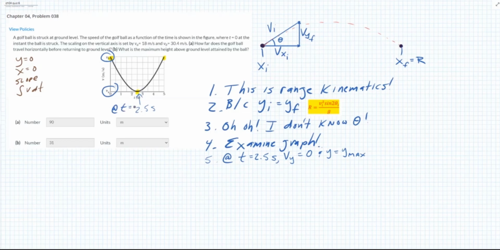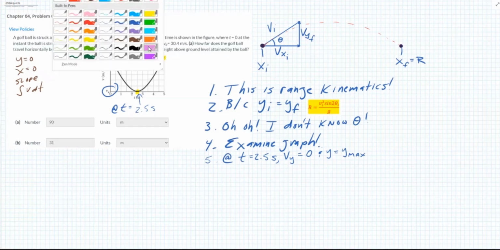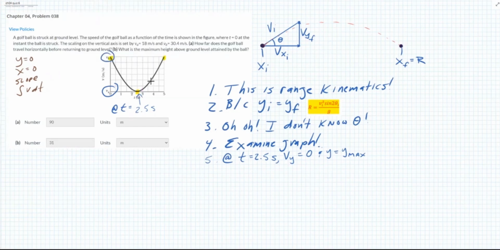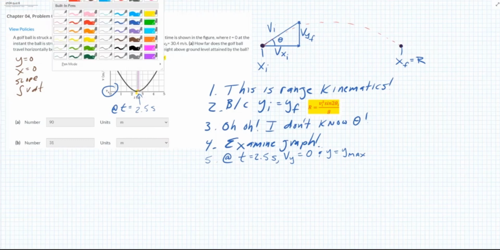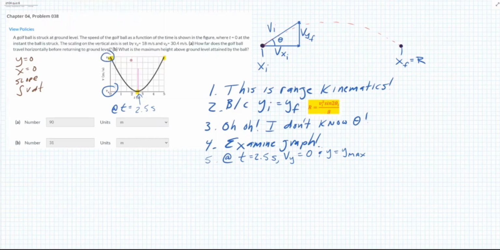This is my minimum velocity. Right at this point, this is my minimum velocity. It's not equal to 0. It's just a minimum velocity. So this is V min.